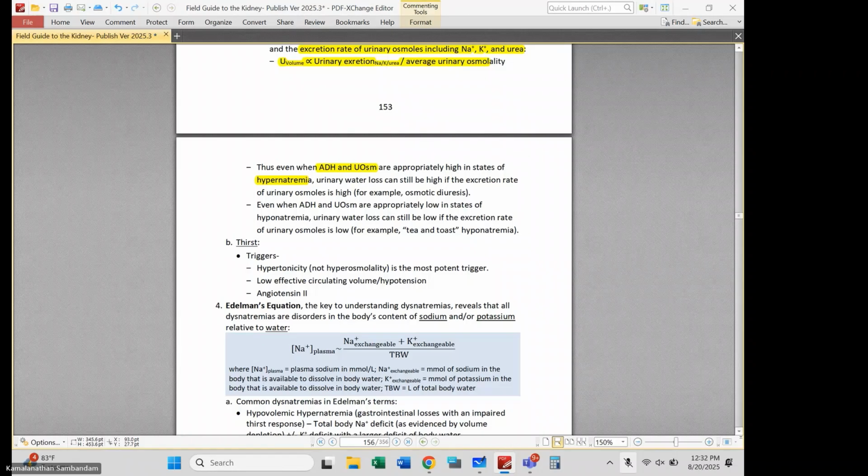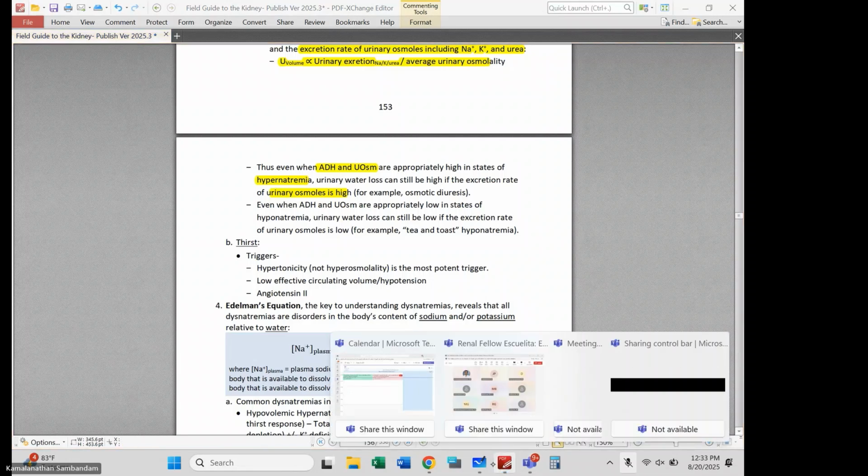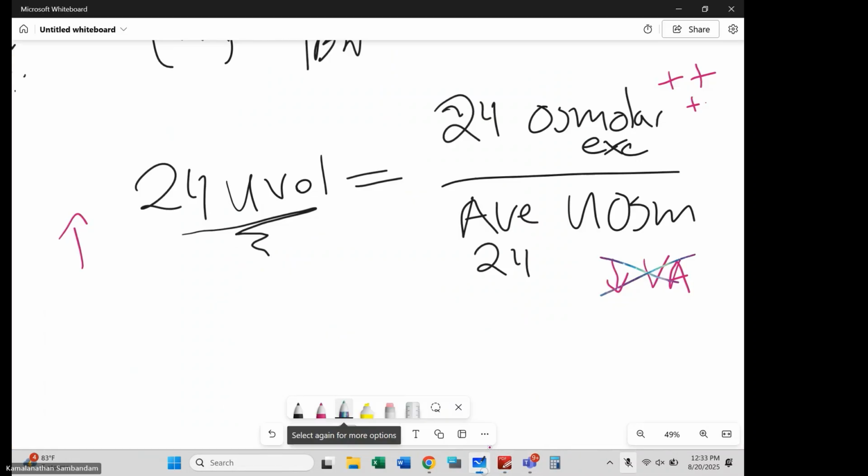I can still get into trouble with hypernatremia if this urine osmolar excretion rate is obligatorily high, right? So again, going back to this formula, even though I might predict if I have a high urine osmolality, my urine volume will be low, that may not necessarily be true if I have an exceedingly large number of osmoles that I have to excrete.